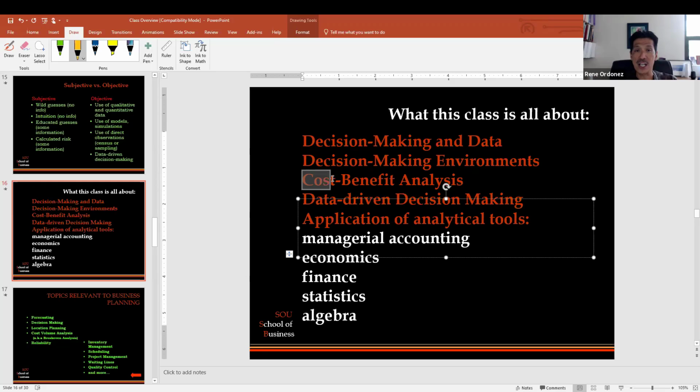Whereas costs are typically deterministic, meaning you know what the cost will be, right? But the problem is the benefit of that action is not known with certainty.